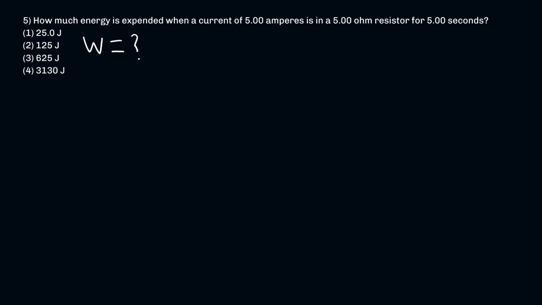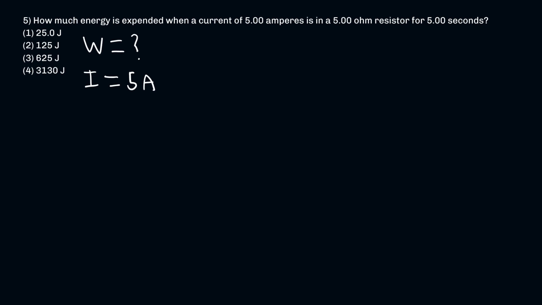Again, if I don't know what current is at this point, I look on the right side of the reference table and I find that current is I. So I is then going to be equal to 5.0 amperes, or just 5 amperes. Then it says this is in a 5 ohm resistor.